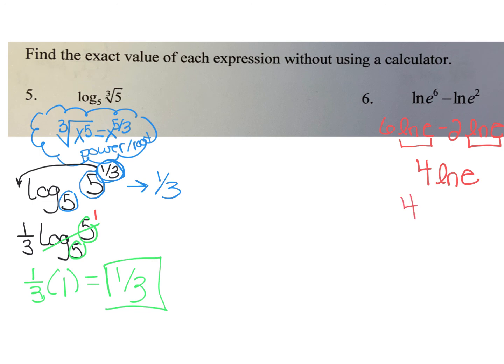Now I'm going to rewrite this one time. 4, instead of writing ln, I'm going to write log base e, because ln is log base e of e. And these two things, just like before, those undo each other and leave you with that 1 power that was up here. So this makes me have a 4 times a 1, or just a 4.